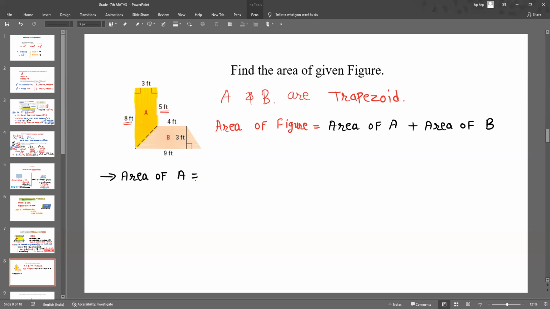So if we apply the area of a trapezium formula, and here A is a trapezium, that is 1 by 2 multiplied by height into sum of parallel sides. Here height can be described by H. We just put the value here, and then we easily get the area of A. So now can you find the area of this trapezoid A?